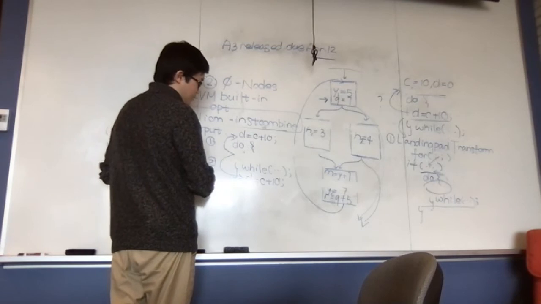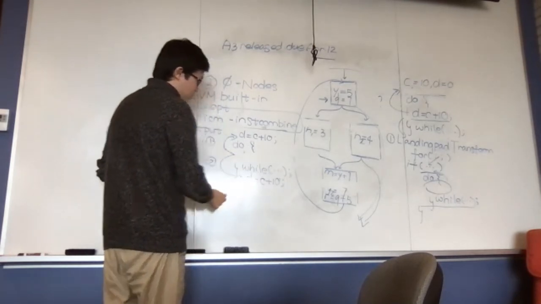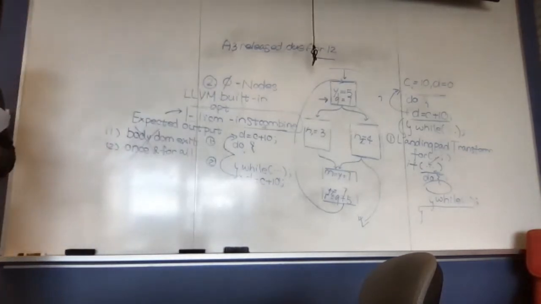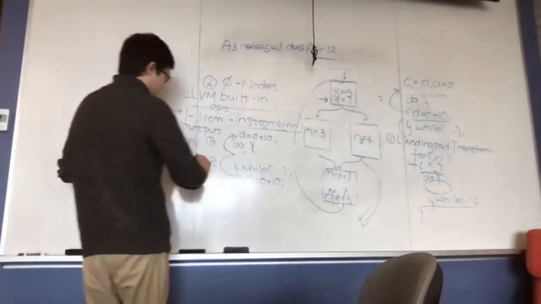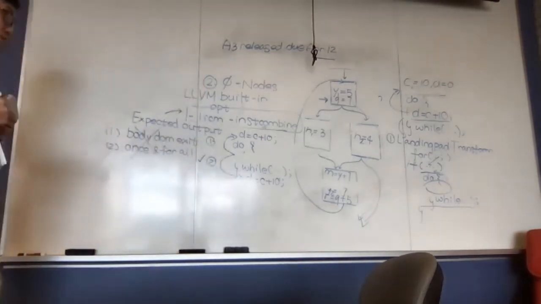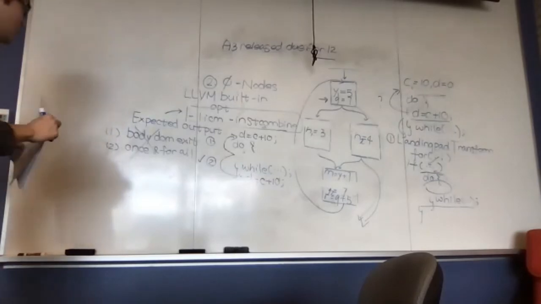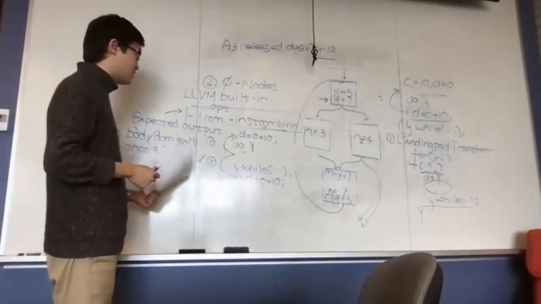And after this loop exit, we have a register to hold the value of D. So the answer is solution 2 is better in this case. The idea is similar to what we have discussed in lazy code motion, because it has less register usage here.